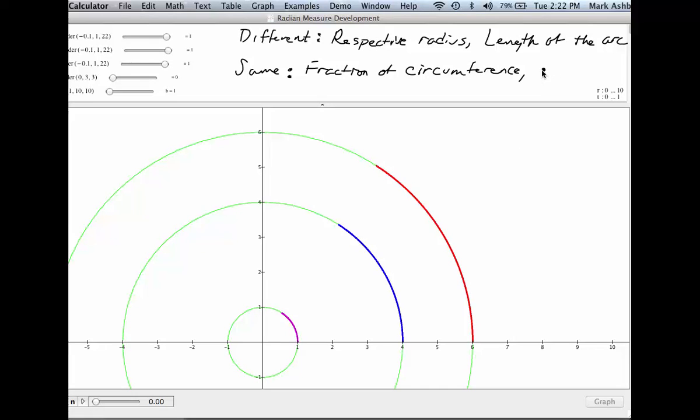Yeah, so the same for all three would be the openness of the associated angle. Openness of the angle that subtends these arc lengths, right? Openness of the angle that subtends the arcs.